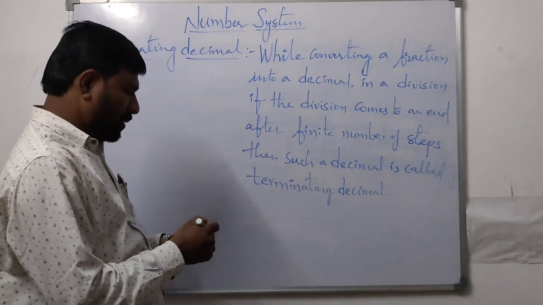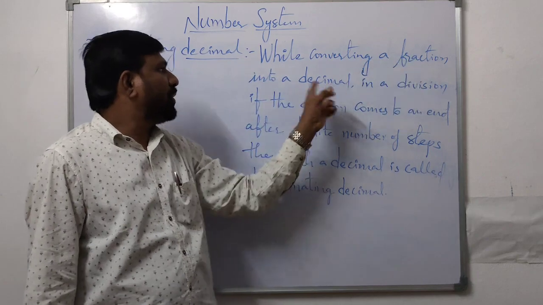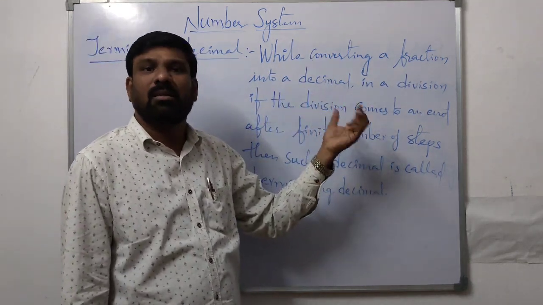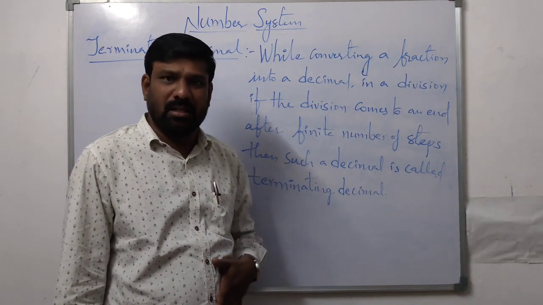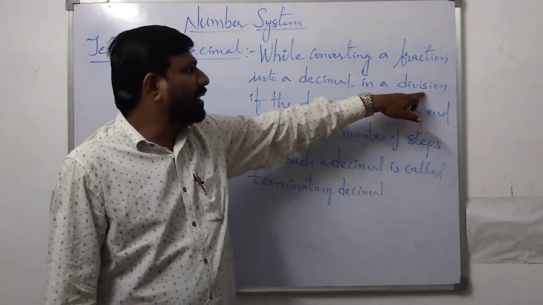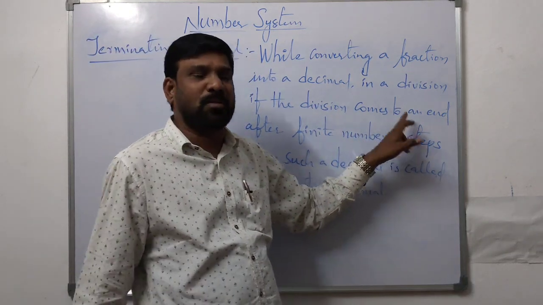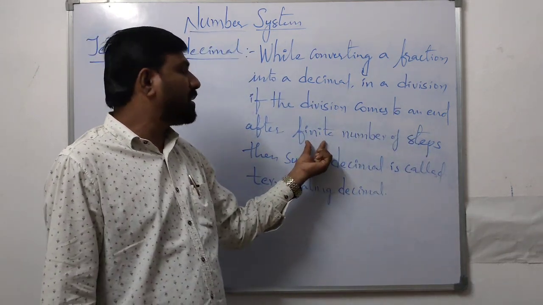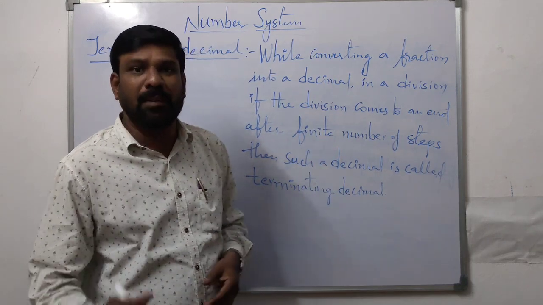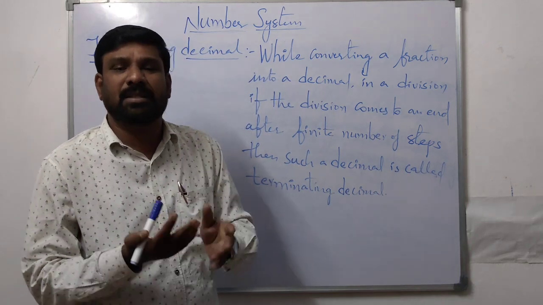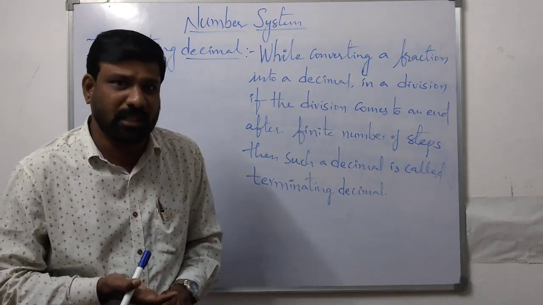Just have a look at the board. While converting a fraction into a decimal, how will we convert a fraction into a decimal? By doing division, right? So in that division, if the division comes to an end after a finite number of steps, what is the meaning of finite number of steps? Finite means limited numbers, limited steps. After 2 steps or 3 steps or 5 steps or 7 steps, like that.